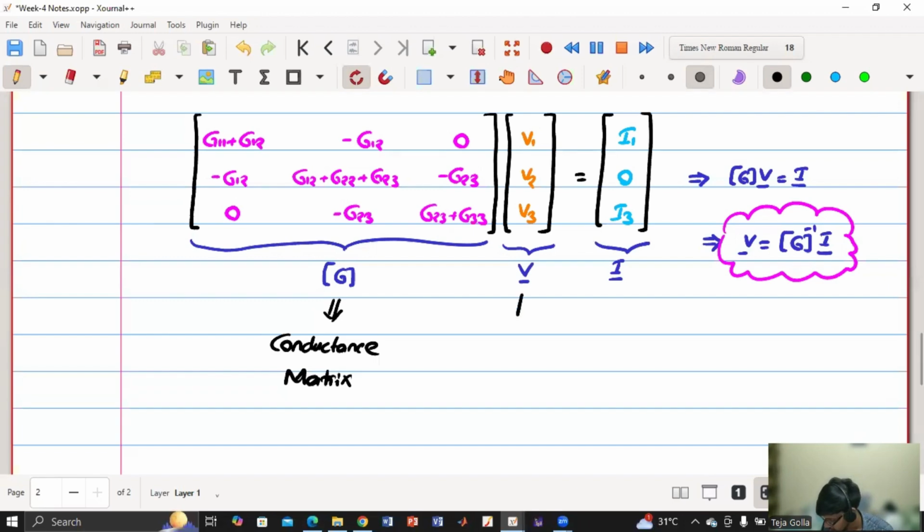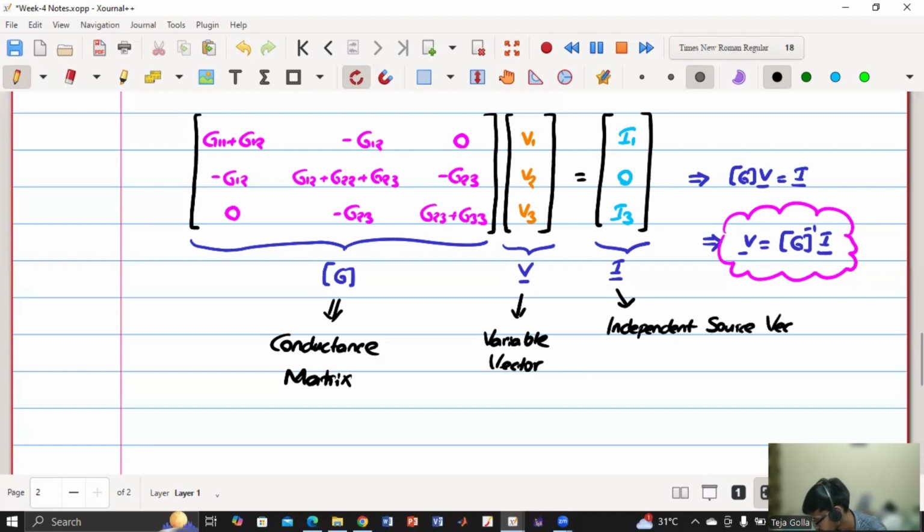Then this is called the voltage variable, like it's a variable, right? So it's a variable vector. And these are all independent sources. Here there happen to be current sources, but these are all independent sources. So this is called the independent source vector.